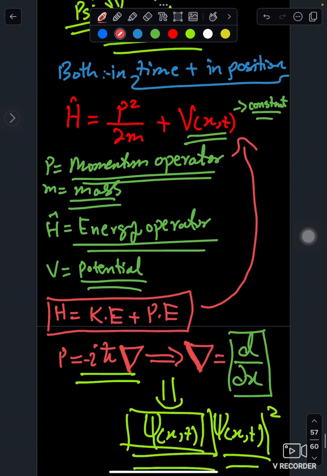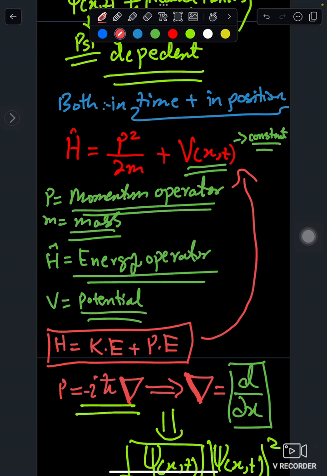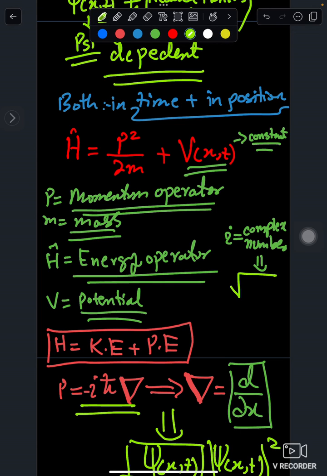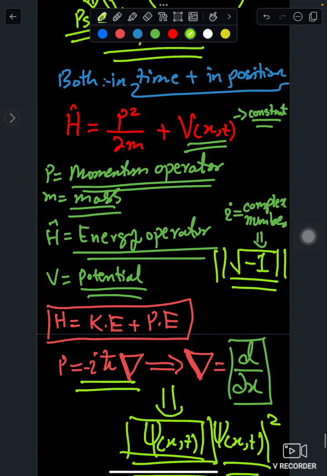And one more here is i, and i is a complex number. What is this number? It is the square root of -1. Why is it a complex number?